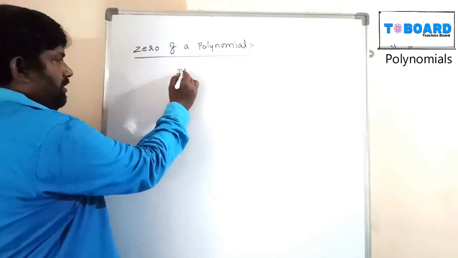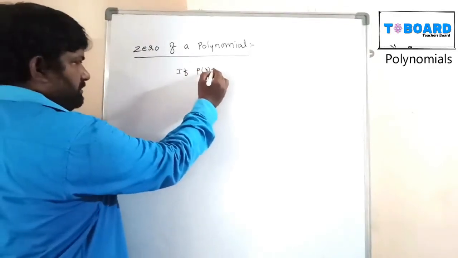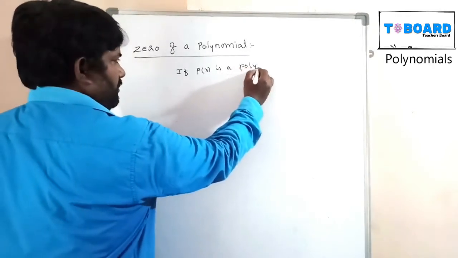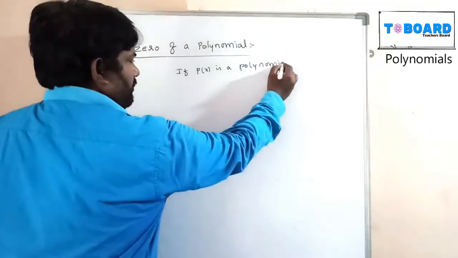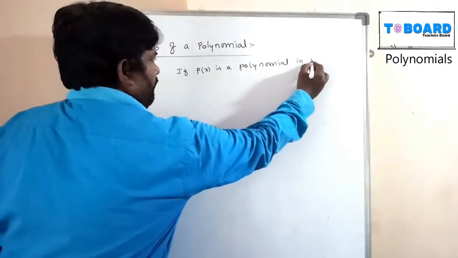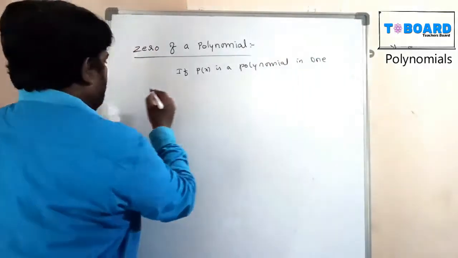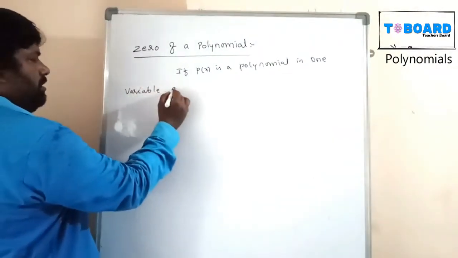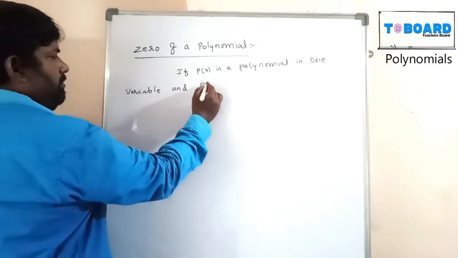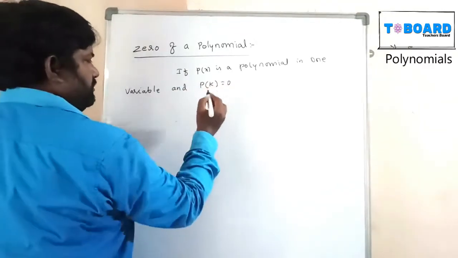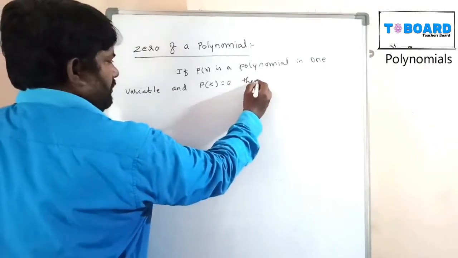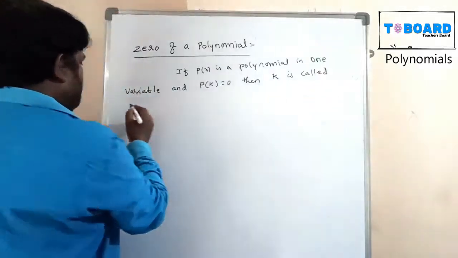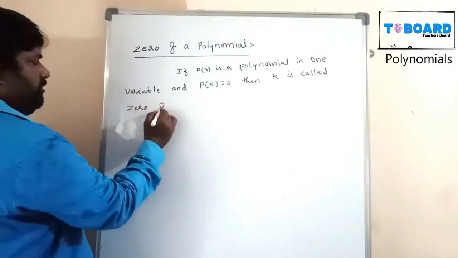If p of x is a polynomial in one variable and p of k equals 0, then k is called a zero of a polynomial.